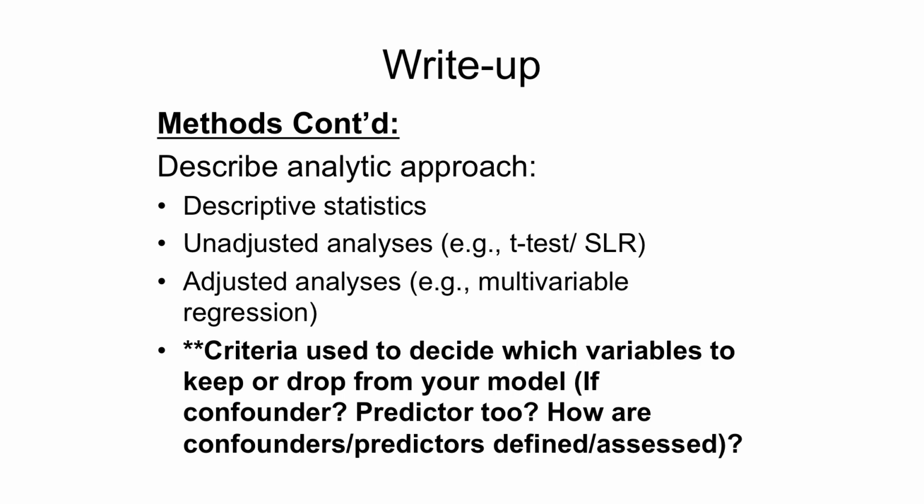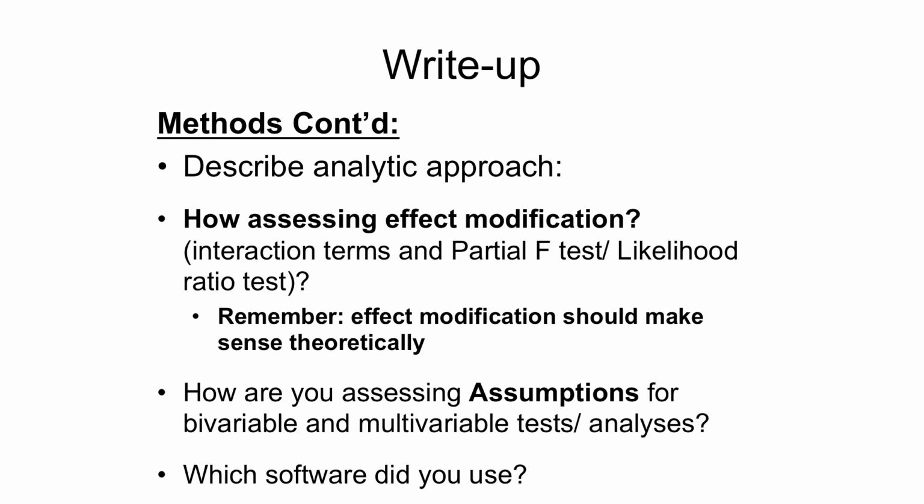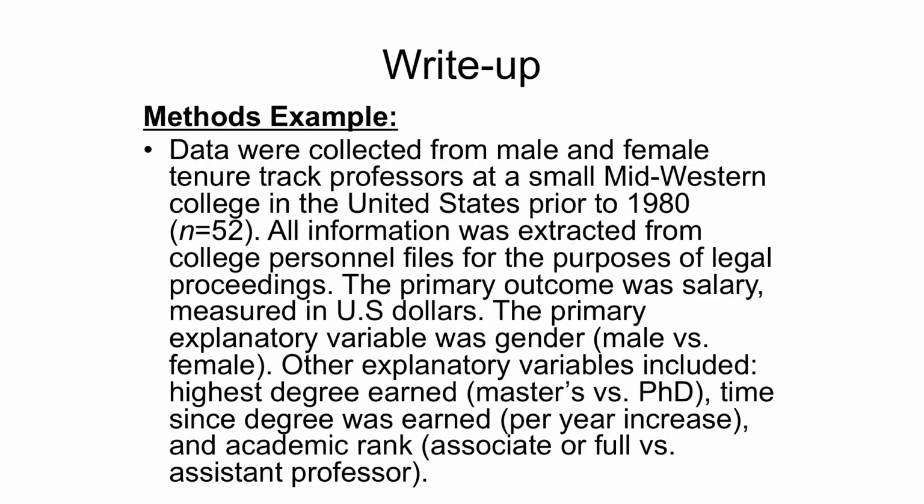Based on what you say in your methods, only variables that meet your definitions should be included in your final model. Other aspects of the analytic approach that you want to discuss are: what methods are you using to assess effect modification? Remember that this should make sense theoretically. Also, how are you assessing assumptions for hypothesis tests, and which software did you use?